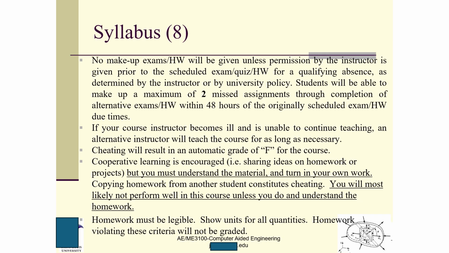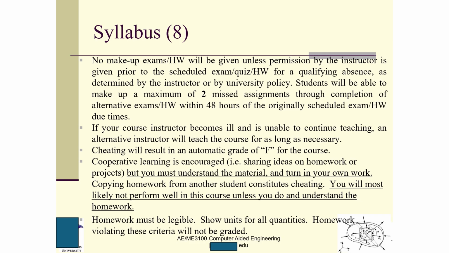If your course instructor becomes ill and is unable to continue teaching, an alternative instructor will teach the course for as long as necessary, and cheating will result in an automatic grade of F for this course. Cooperative learning is encouraged, but you must understand the material and turn in your own work. Copying homework from another student constitutes cheating.